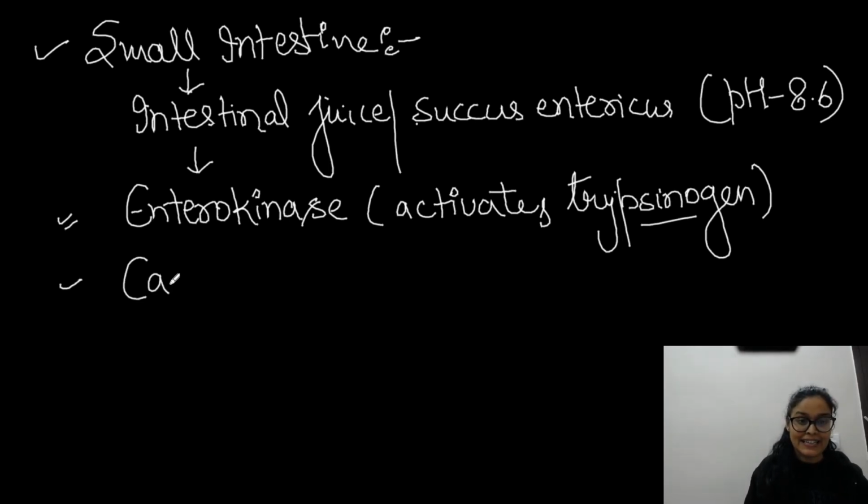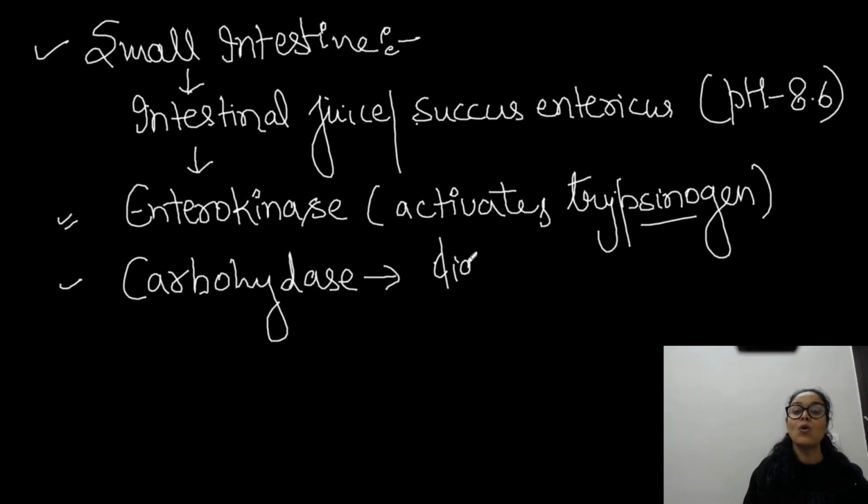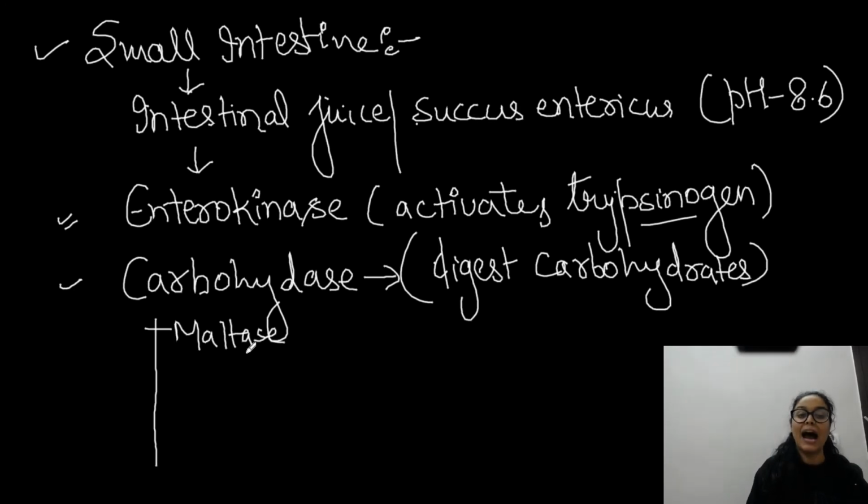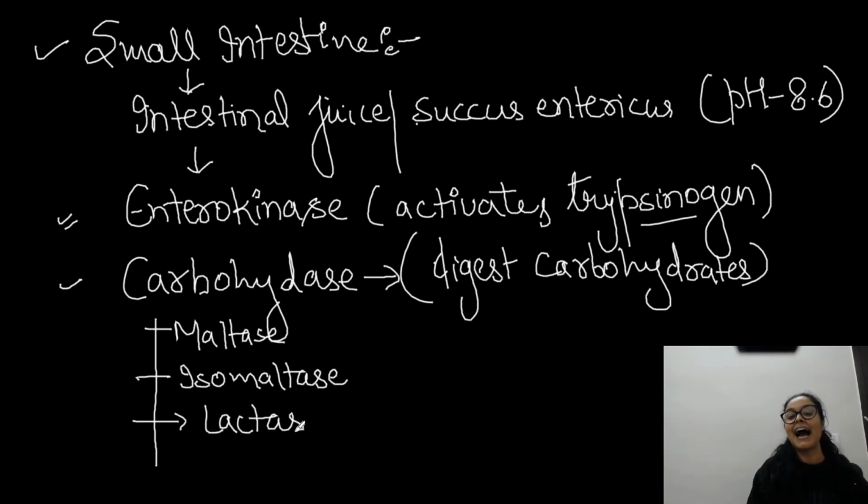Second, it secretes carbohydrases, all the enzymes that digest carbohydrates, meaning sugars, right? So what are these carbohydrases? Obviously there is maltase, which acts on maltose. There is isomaltase, which acts on isomaltose. Lactase acts on the milk sugar lactose.